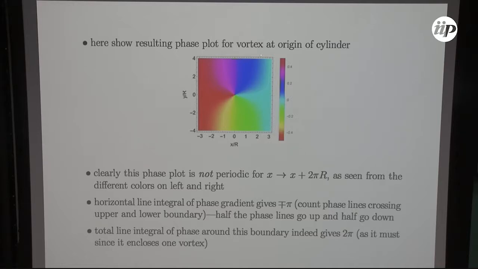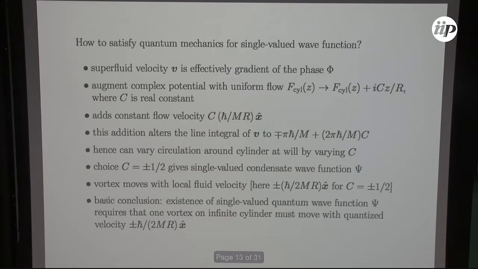If you take the line integral here to here, or here to here, you see you pick up a pi, because half the flux flows up and half the flux flows down. And that's unphysical. You can't imagine splitting the quantized flux into up and down. So how do you fix that? Well, you remember that the velocity is the gradient of the phase. And if you add a uniform flow, by adjusting the magnitude of the flow, you can cancel this.